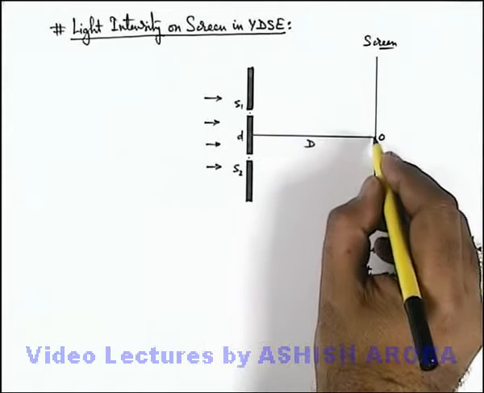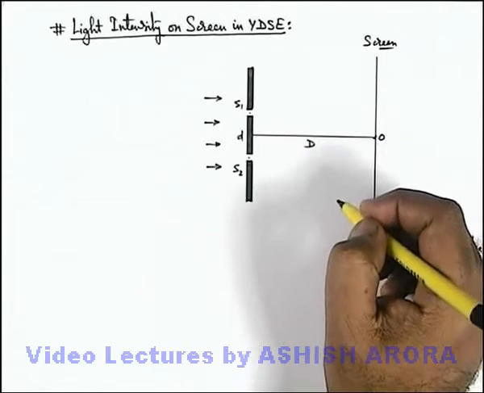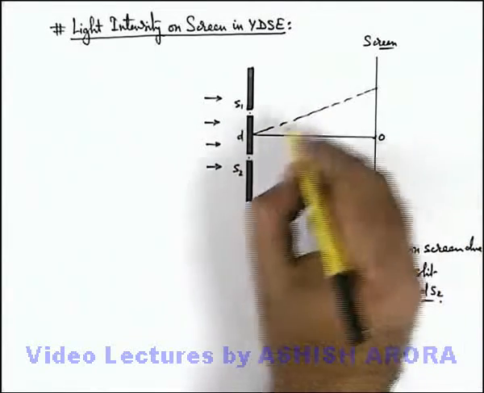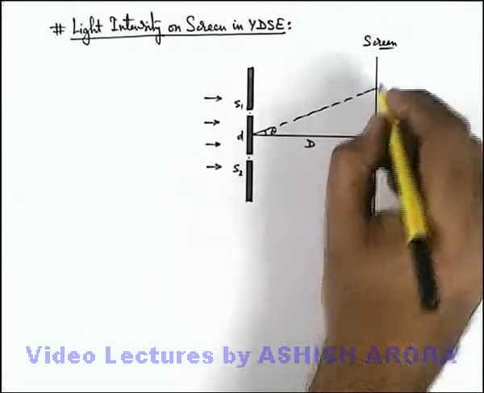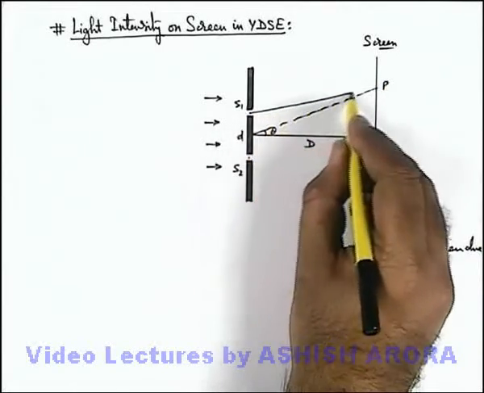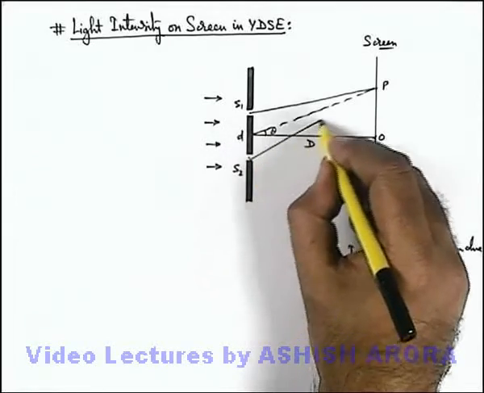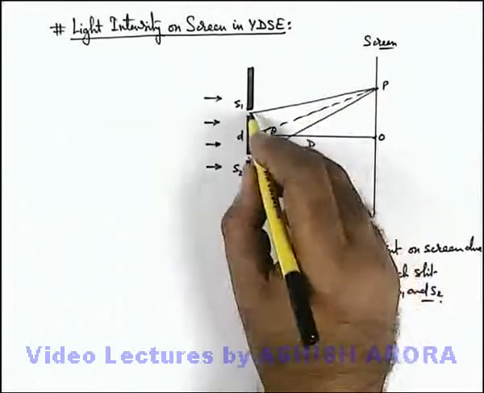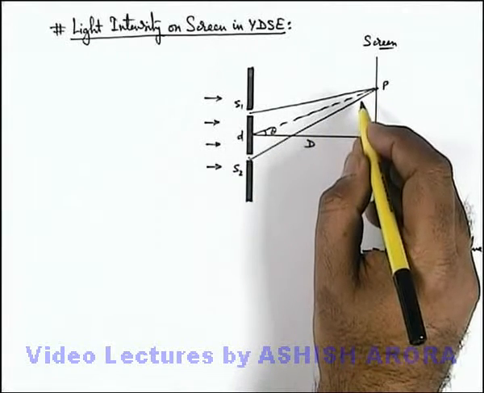Here we know that at a screen center intensity is 4I0, and if we consider at an angular separation theta from center of a screen, say there is a point P, the waves from S1 and S2 will reach at point P with the paths S1P and S2P respectively.